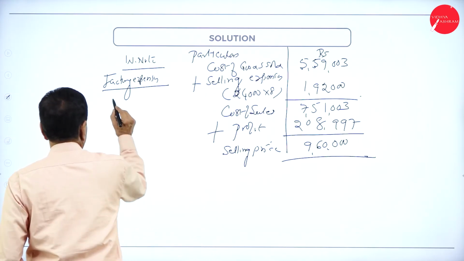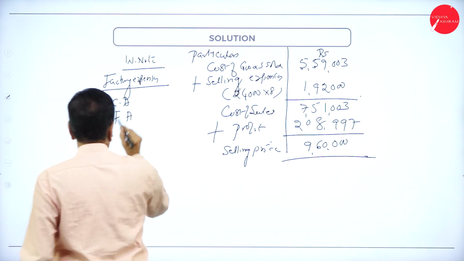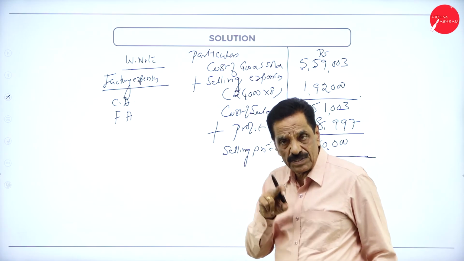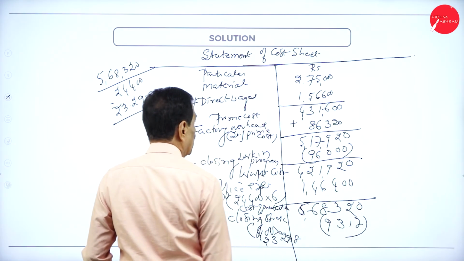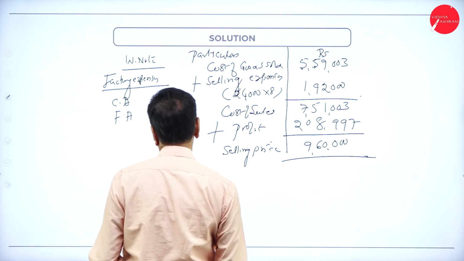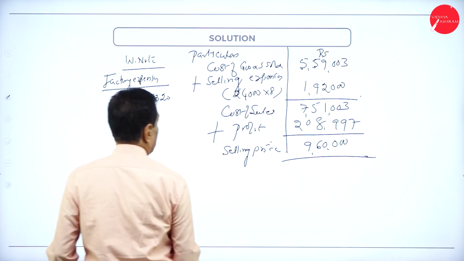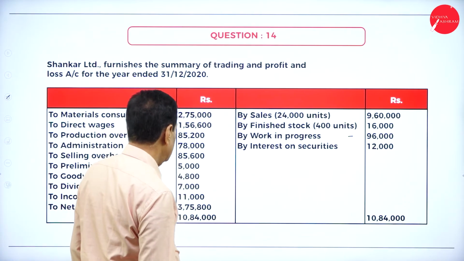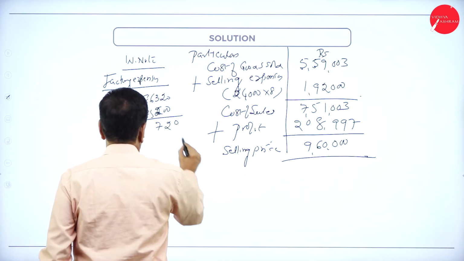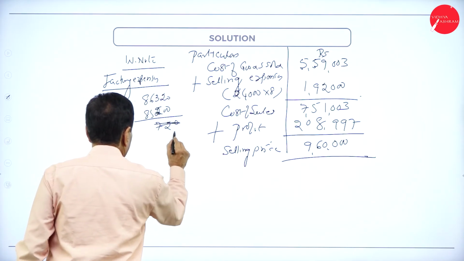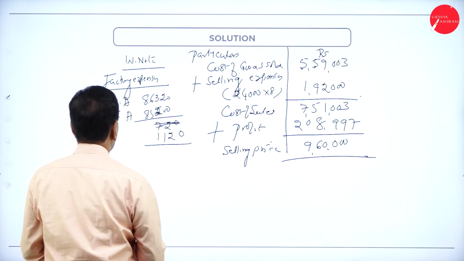CA means cost accounting, FA means financial accounting. What is your cost accounting? 86,320. Whereas your financial accounting, 85,200. So it works out to 1,120.